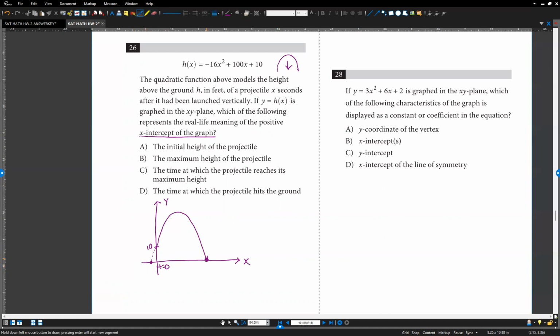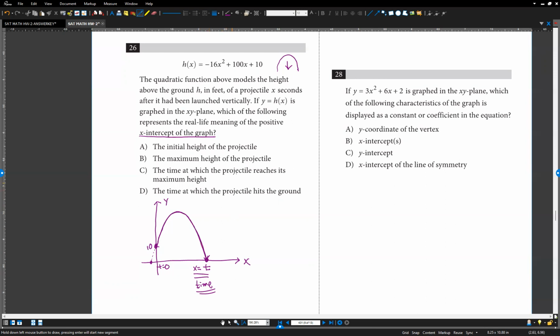But this one is positive. So when you launch the projectile, it goes up, comes down and hits the ground. At this time, x equals t, the projectile hits the ground. That's the time. They are asking about the x coordinate, about the time. At which time does the projectile hit the ground, okay?